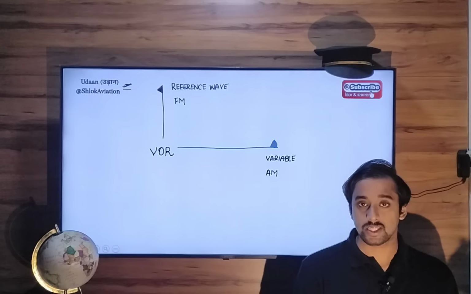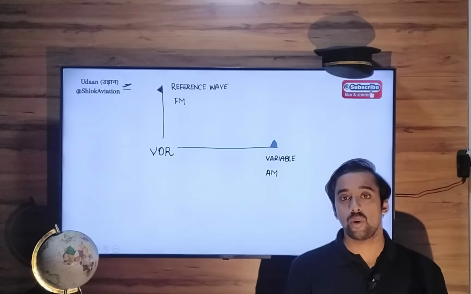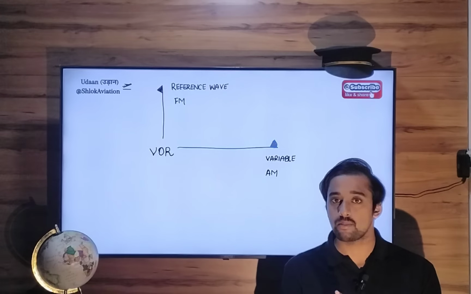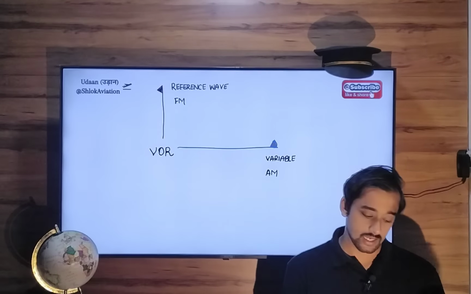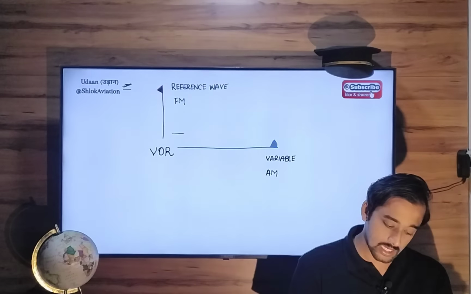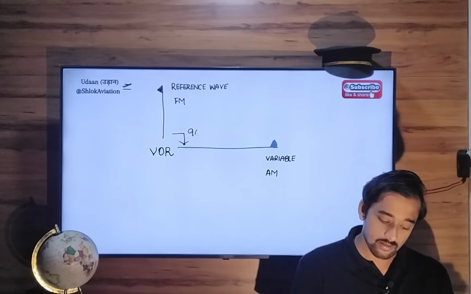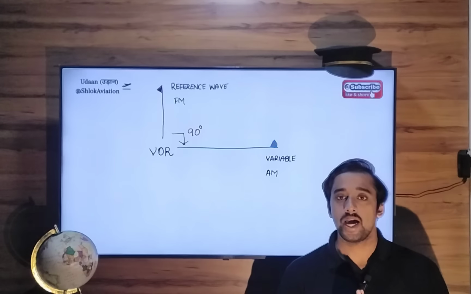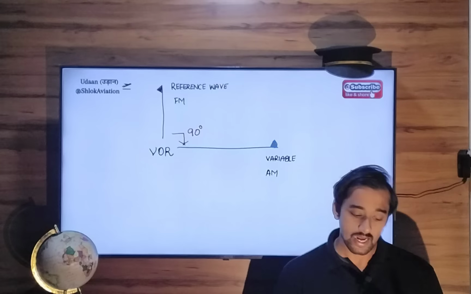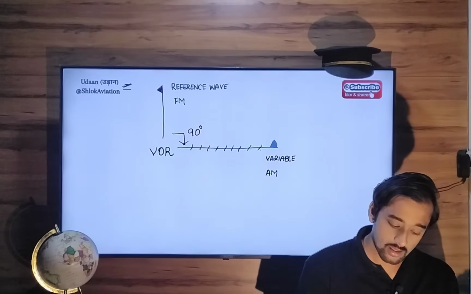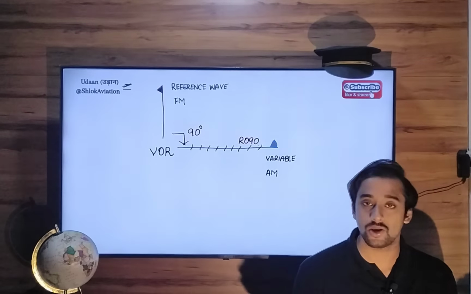What is phase difference? Phase difference is the angular separation between the reference signal and your variable signal. For example, in this case, the phase difference between this reference signal and variable signal is 90°. That means these two signals are separated from each other by an angle of 90°. So the radial will be radial 090.